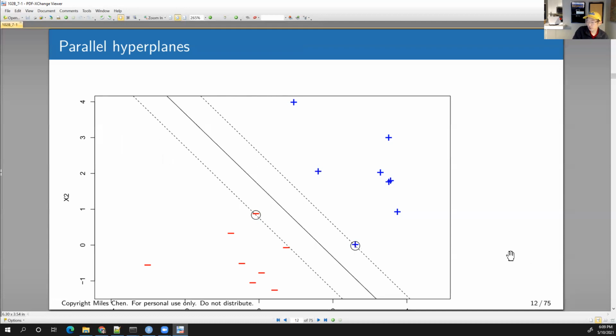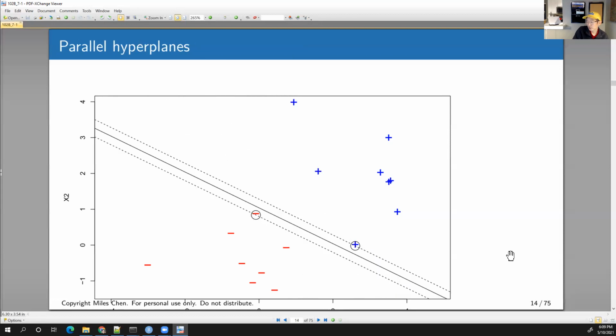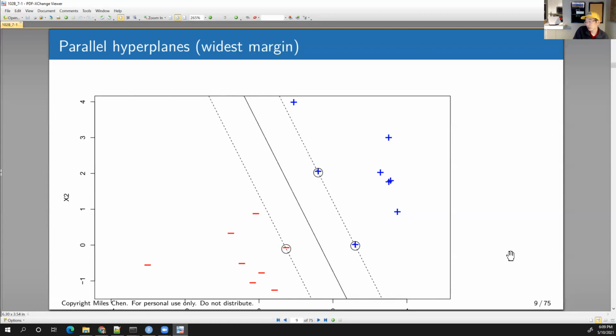So this is just a selection of some possible boundaries that I can draw that will still have 100% separation between the blue and the red. And the way we are going to work is we're going to say this is the best one because the margin between blue and red is as wide as possible.